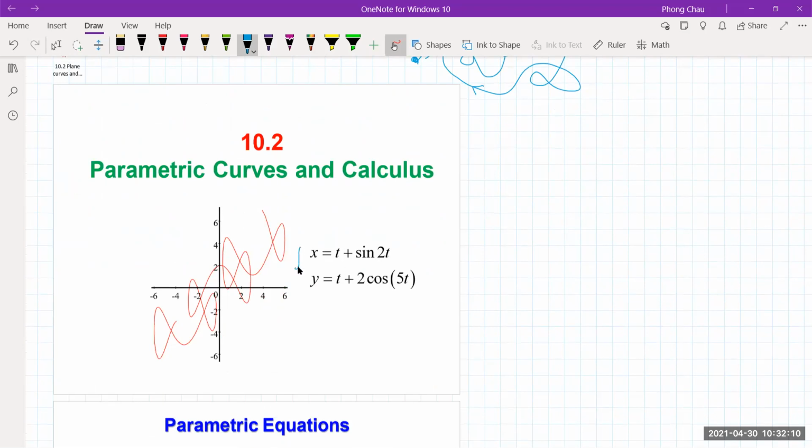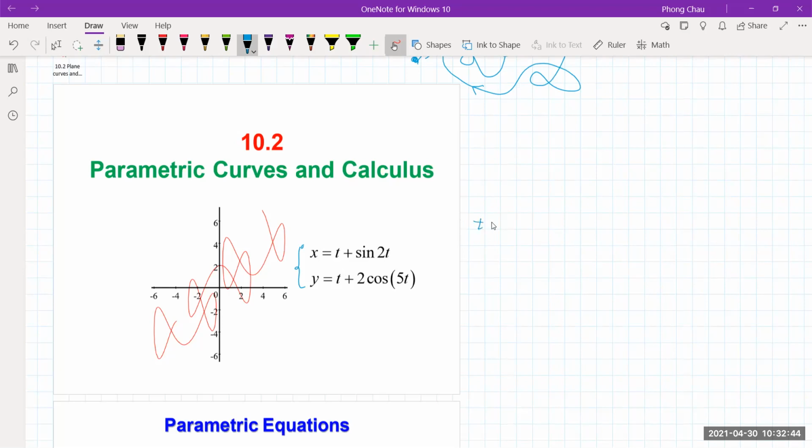So this produces a set of equations, x in terms of t and y in terms of t. x and y are still the coordinates of the point, but we introduce a third variable, t. Often we use t because it stands for time. Both depend on t, so we have to start out with t.